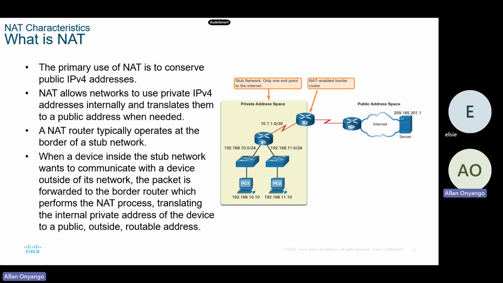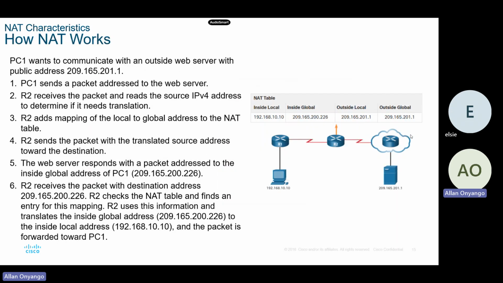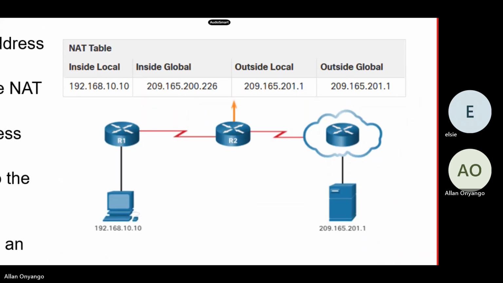Okay. So NAT is normally configured on an edge router. That is the router at the border between our network and the service provider's network. So that is the work of NAT. Now, there are 4 terms that we need to learn for us to understand NAT.